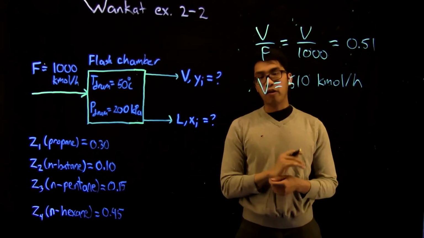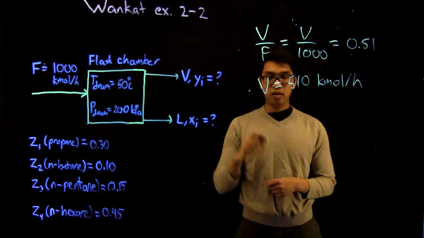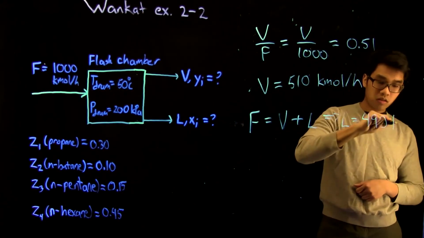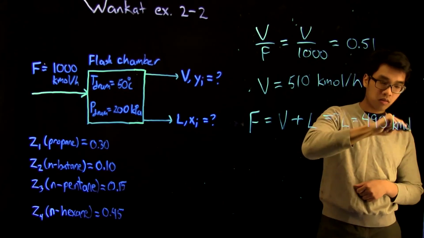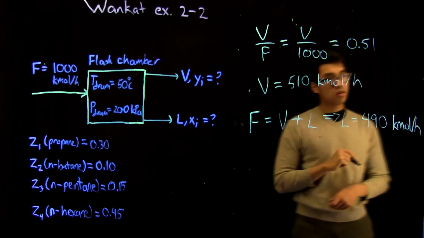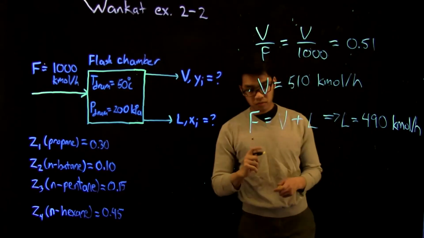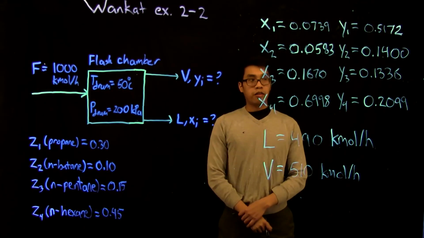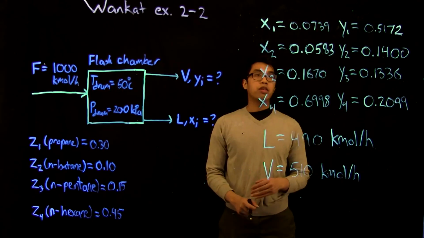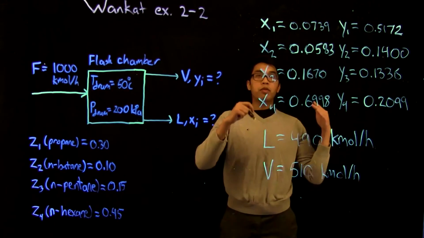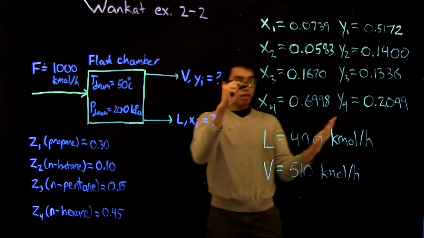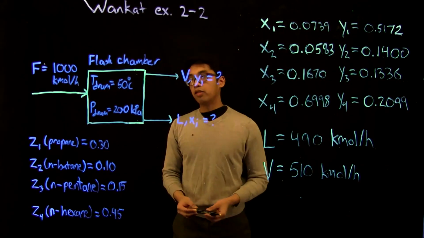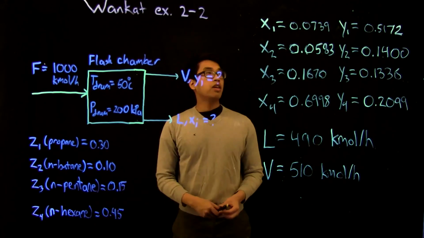And then the liquid flow rate can be found by just subtracting. So after you do all the calculations for every component, you'll find that the vapor and liquid compositions will be this, and you'll also have the flow rates. And so this problem is solved.